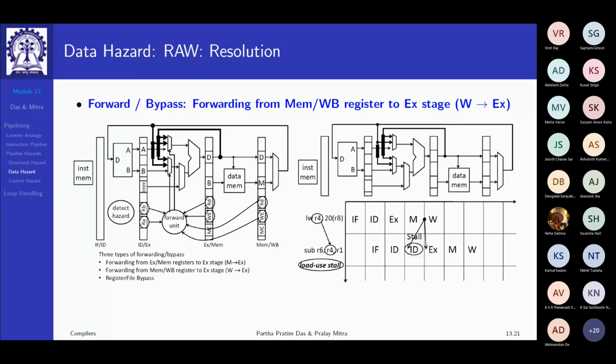If we did not have forwarding, it would have required a stall even in this next cycle, because it could have got the value only after write back has happened. You would have got three stalls coming in. So these are hardware features which also help you reduce the data hazard.